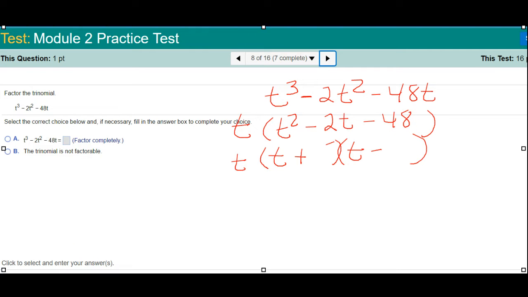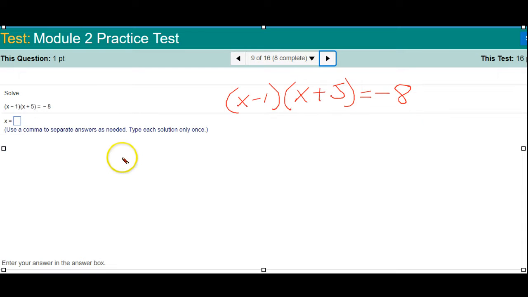This is a strategy. In this example, notice we have a factor times a factor equals a negative 8. So was this in standard form? No, because in order to be in standard form, this would have to equal 0. So what's the strategy here?